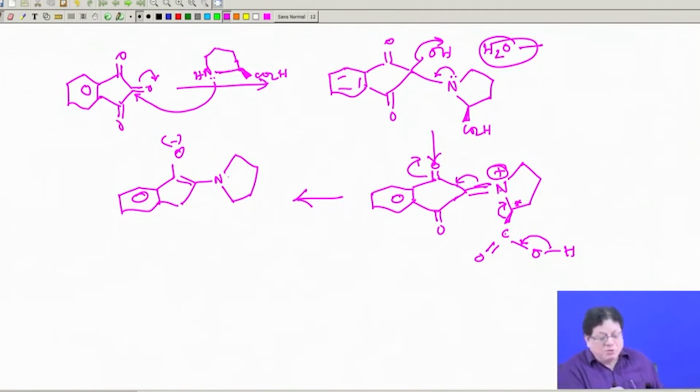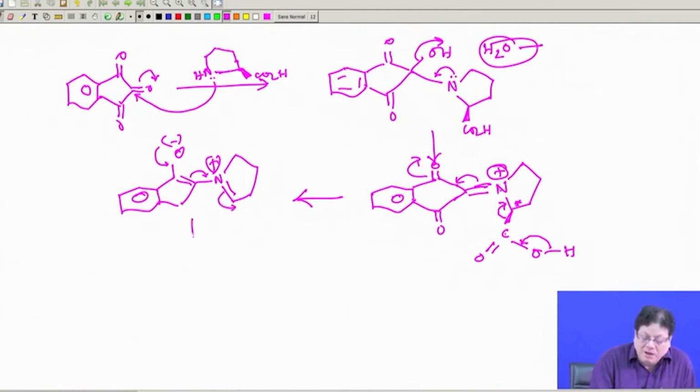Now, there is a double bond here. So, that becomes a pyrrolidinium ion, and this is the brownish yellow I was talking about, because this has got a resonance structure like this.